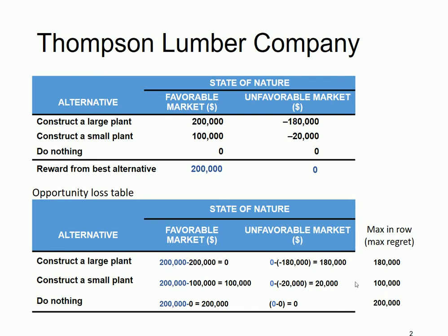These three numbers represent the largest regret you can possibly have, and we're going to minimize that. That tells you should build a small plant, because if you build a small plant, then in the worst case you can only lose $100,000, which is smaller than the greatest loss you can possibly generate from all of the other options.